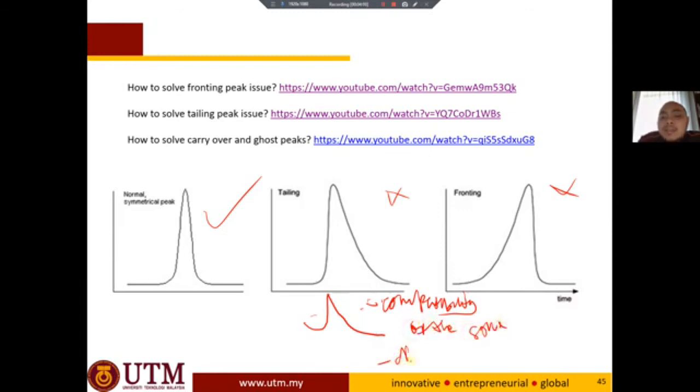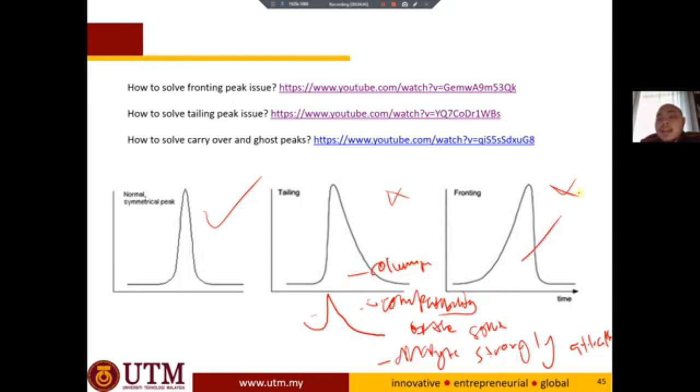Maybe the analyte is strongly attracted to the stationary phase, so you need to use a compatible mobile phase, or maybe you need to change the column. Maybe the column reacts too strongly with the analyte, so column compatibility also can cause it.